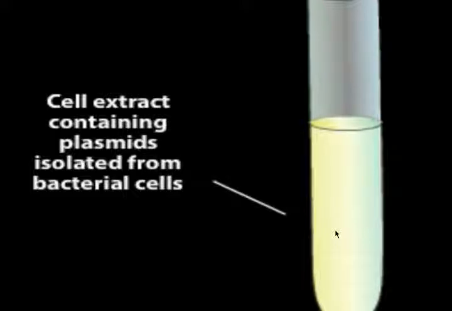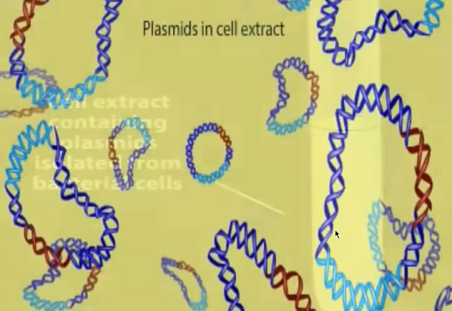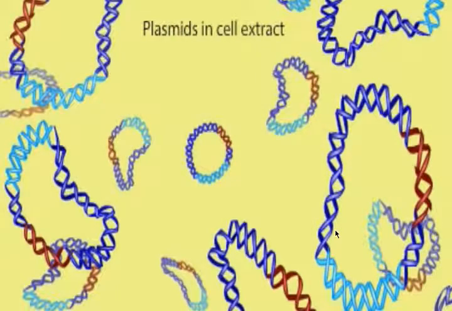So now let's see the whole concept of vector preparation. Here this is a test tube containing the extract which contains the plasmids isolated from bacterial cells. So here we have isolated these plasmids.